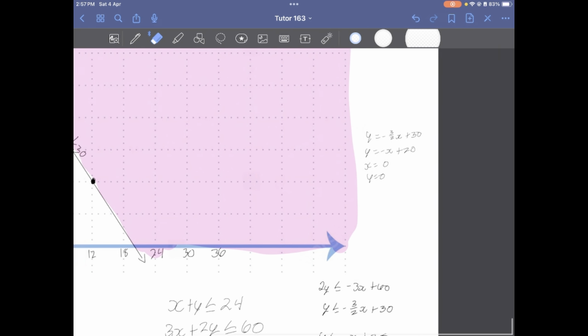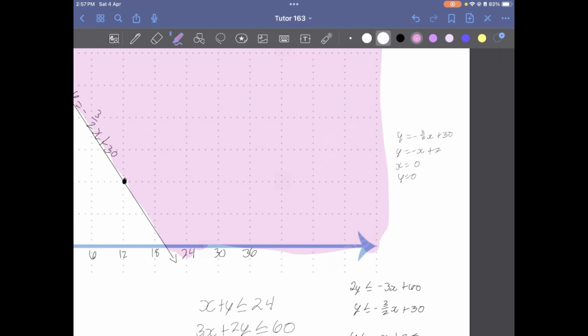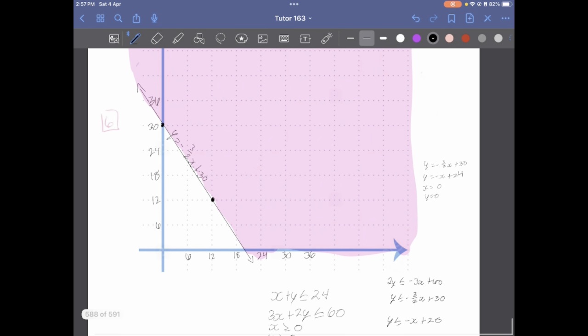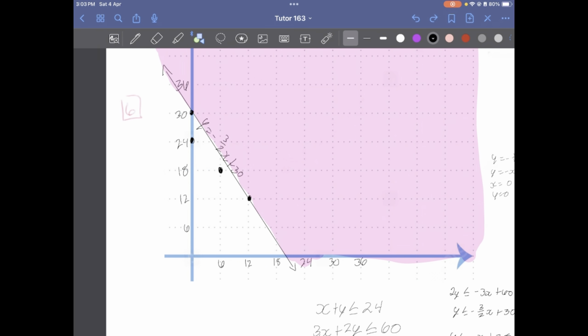Okay, this next one is supposed to say 24, not 20. So that's what we're going to plot. Our y-intercept is 24, so we're going to plot 24. And then our slope is negative 1. So that's going down 1 and going over 1. So right there. So we're going to plot the 2 points.